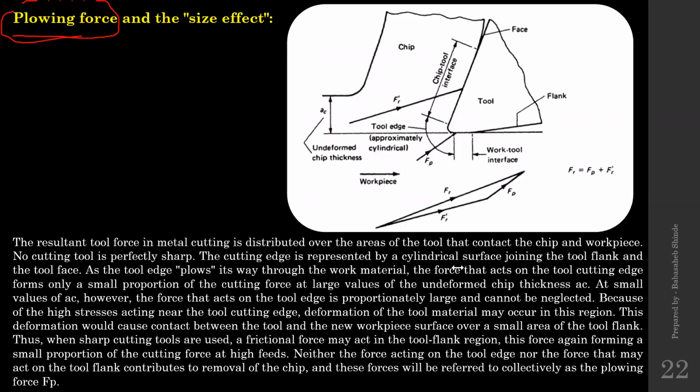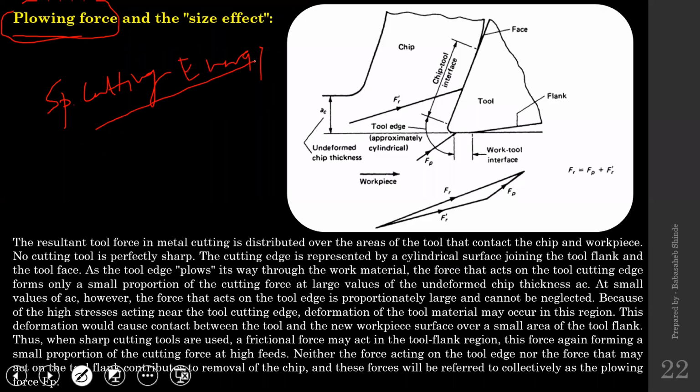While talking about the specific cutting energy in abrasive machining, we discussed that this specific cutting energy will be utilized for three things. What are those three things? First one is chip formation.